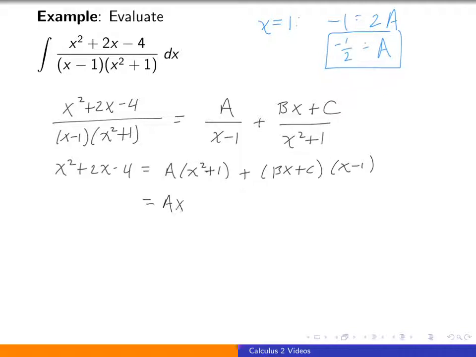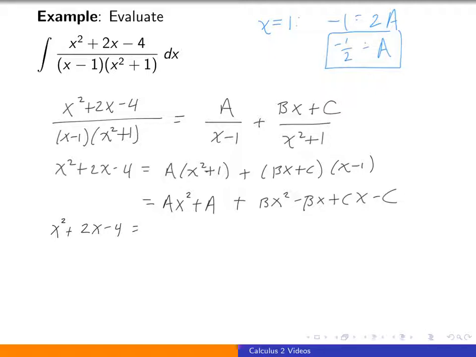So ax squared plus a, and then just foiling out the second term, we're going to have bx squared minus bx plus cx minus c. On the left, we have the quadratic x squared plus 2x minus 4.